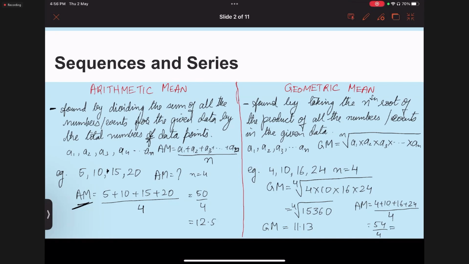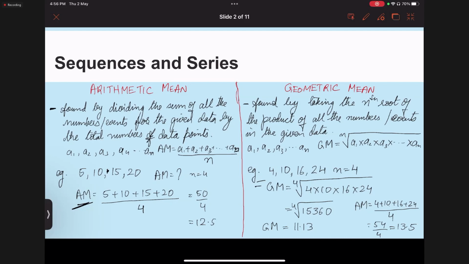So this is going to be 13.5. You see how it has changed: your geometric mean and your arithmetic mean are not equal in this case.